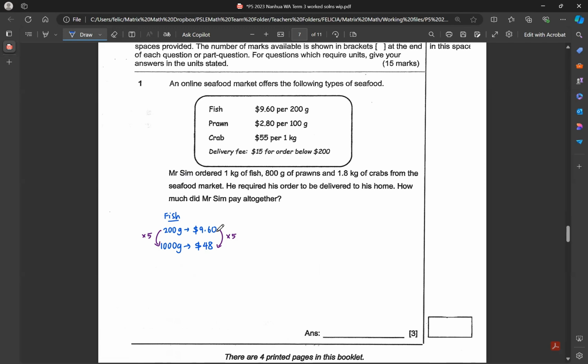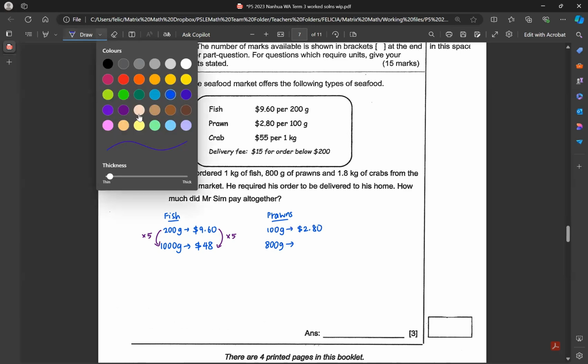Now we shall go on to the prawns. So for the prawns, this is how I organize the data. For the prawns, every 100 grams costs $2.80. All right, so Mr. Sim is buying 800 grams of prawn. That will be pretty easy to calculate because 800 grams is actually 8 times of 100.